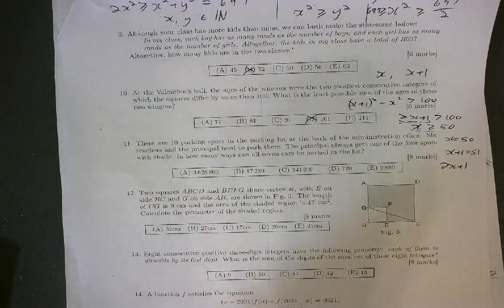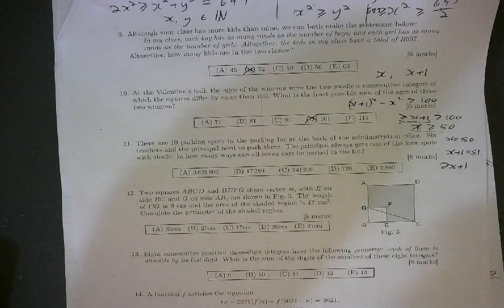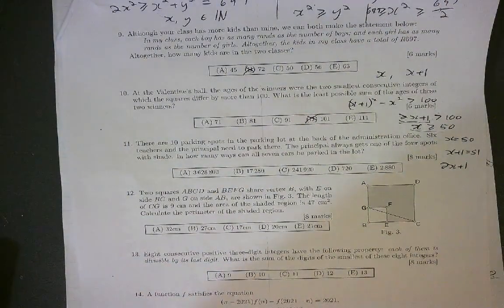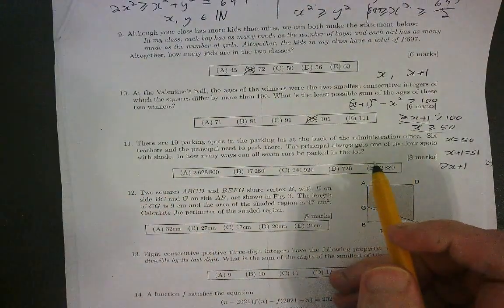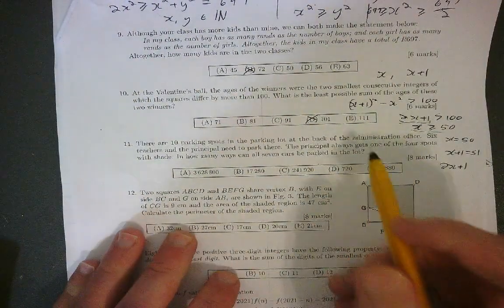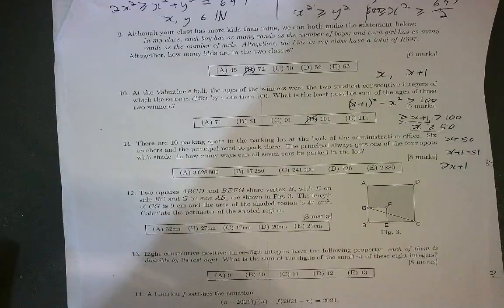So for this type of problem, we have to find a way to systematically list all the possibilities. And to list all these possibilities, usually you have to start with one piece of information and see how many ways there are to do that.